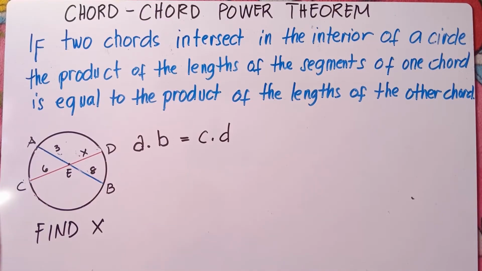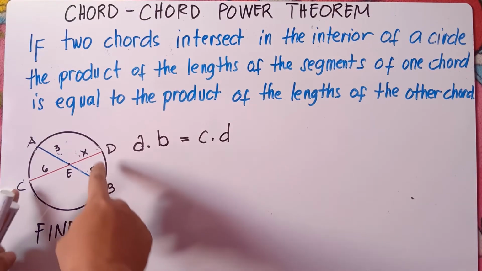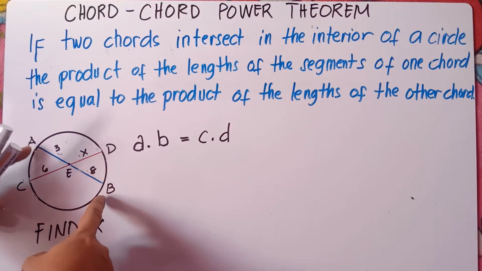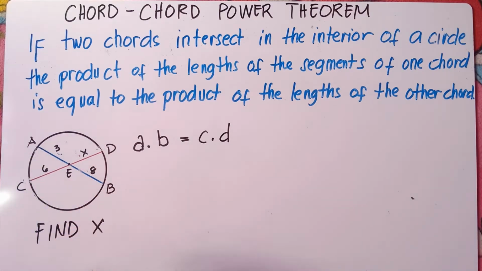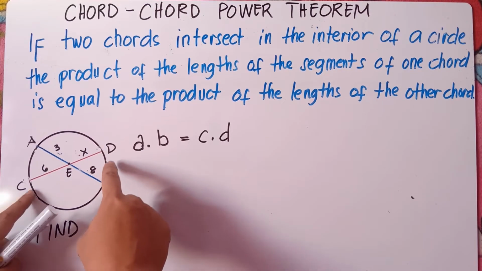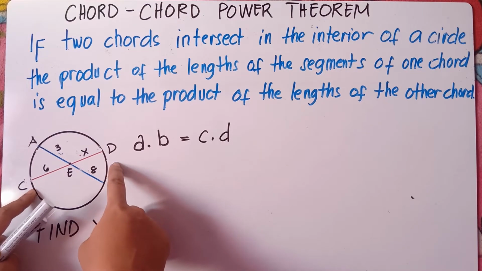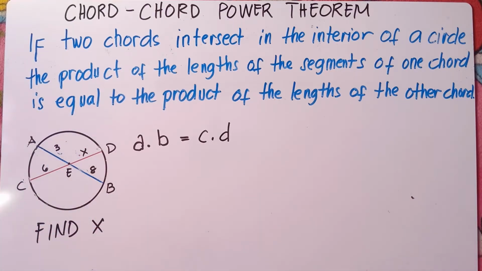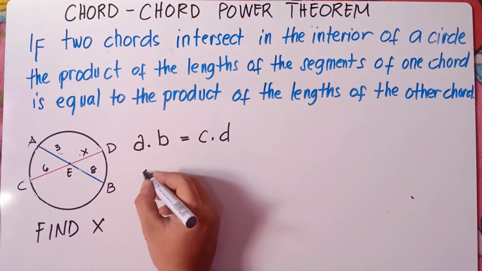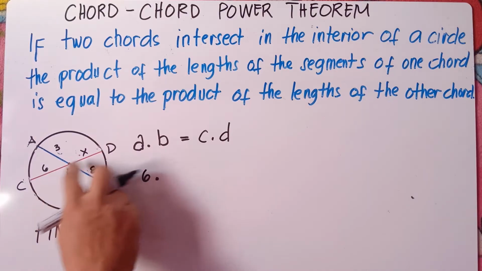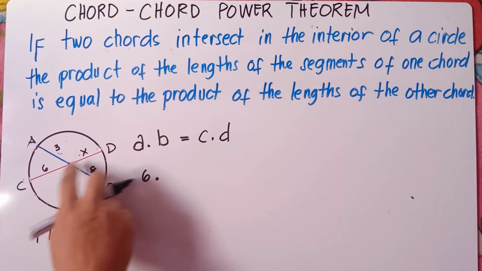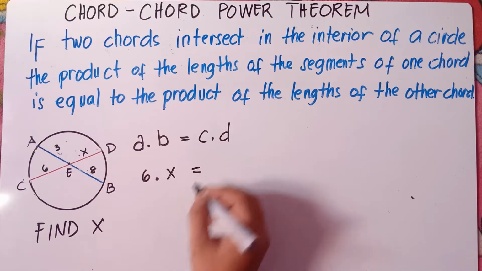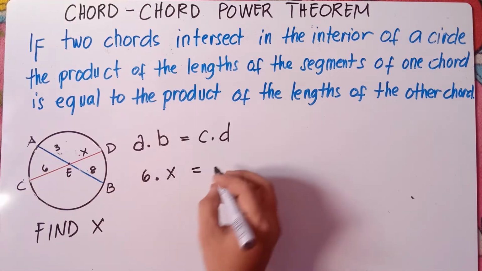Do not forget that the product of this chord is equal to the product of this chord. It depends on you which to start with. You can start with 6 times x equals 3 times 8, or 3 times 8 equals 6 times x. That would be the same answer. So let's start with the red one. The product of these two segments, 6 times x, is equal to 3 times 8.